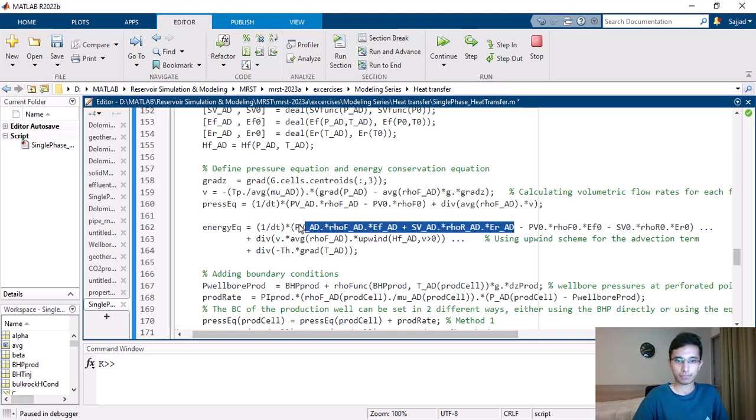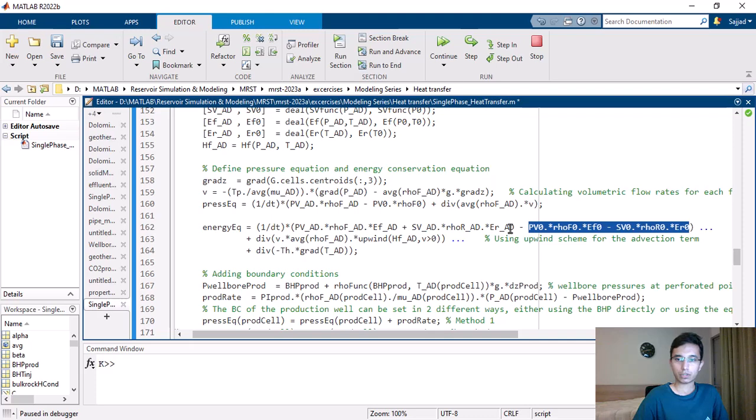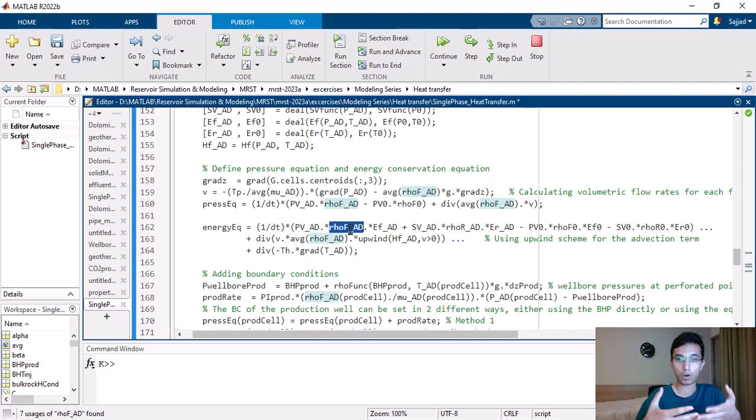The energy of the current time step minus the energy of the previous time step. So how is the energy calculated here? We multiply the pore volume of the rock by the density of the fluid in the pore volume, which gives us the mass of the water, and then we multiply this mass by the internal energy of water, and this gives us the energy of water in the pore volume of the rock.